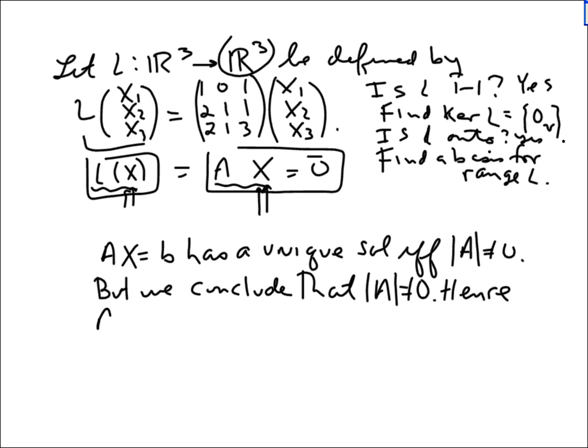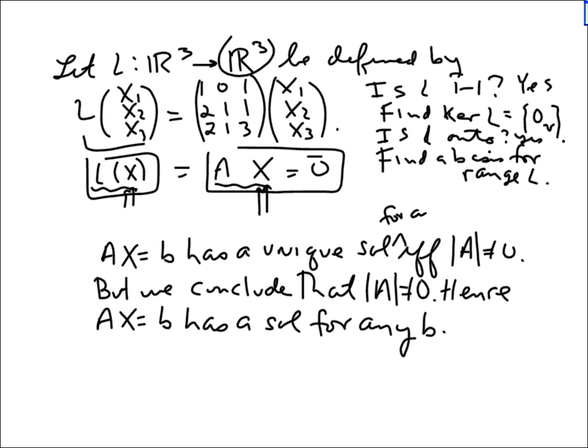Hence, AX equals B has a solution for any B. Has a unique solution for any B, if and only if the determinant of A is not 0. Therefore, L is onto.